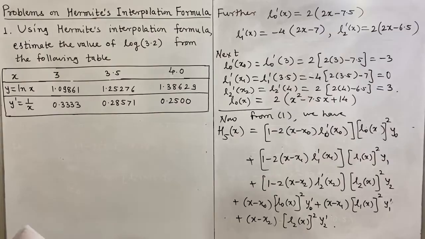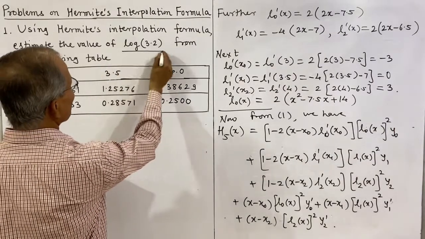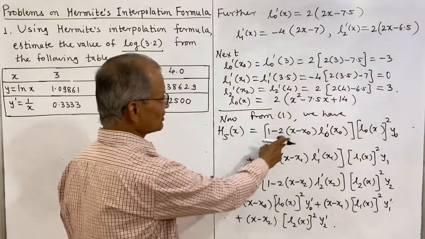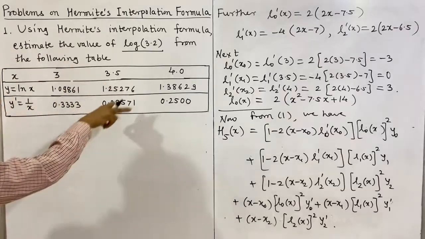Now we have used the formula, so I shall write the next step here, h5 of x. But you see the value is asked at this point, log of 3.2, and therefore we can put x equal to 3.2; x naught etc. are given values.